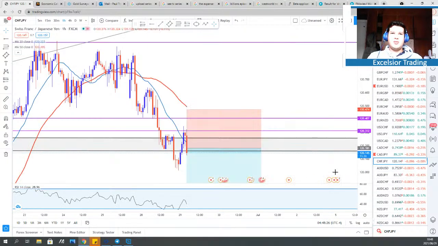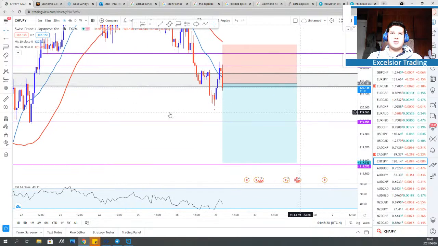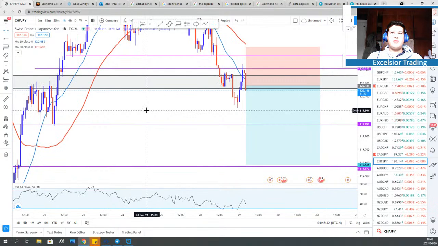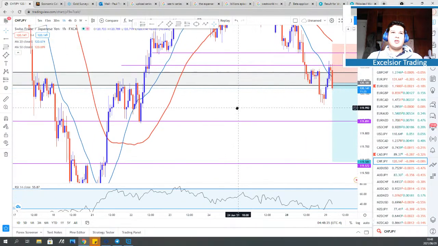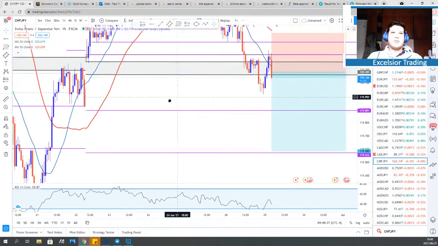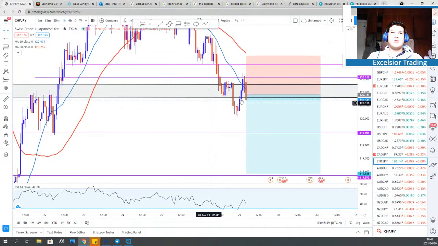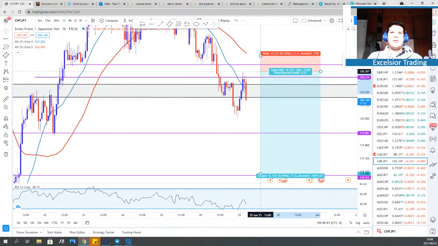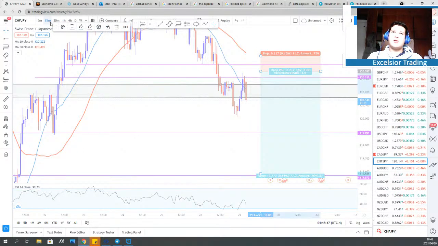Let's see, CHF JPY contemplating entering this. Will this be my fair trade? I do not know. For entering here now, this would be a very light entry, would be a 1.74. So I'll probably wait for price to, let's just go on the 15 minute.